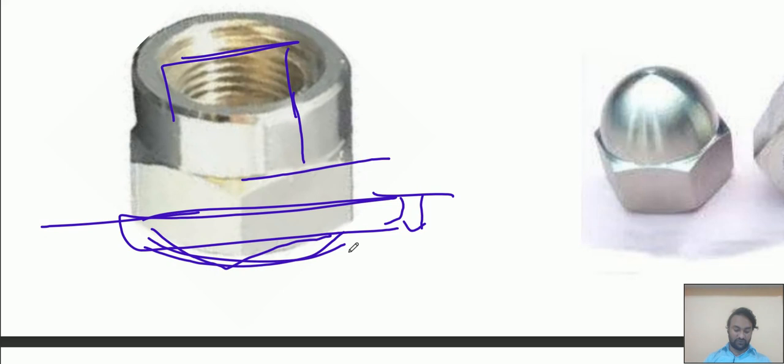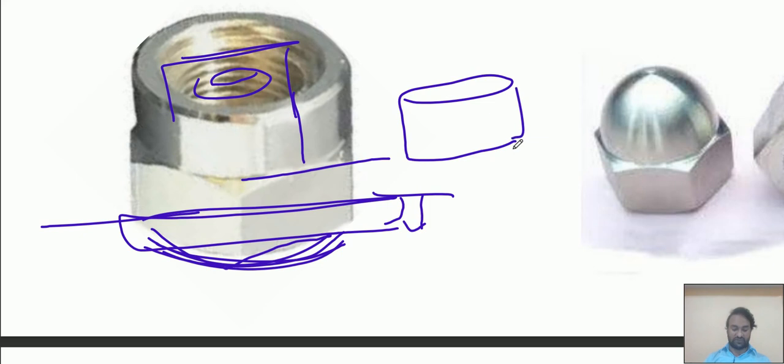Generally it is used where we have to protect the bolt from corrosion, and to stop leakage through the threads of the nut and bolt. By using the cap nut, this one is completely enclosed. It is not hollow all the way through, like what we saw in the square or hexagonal nut.